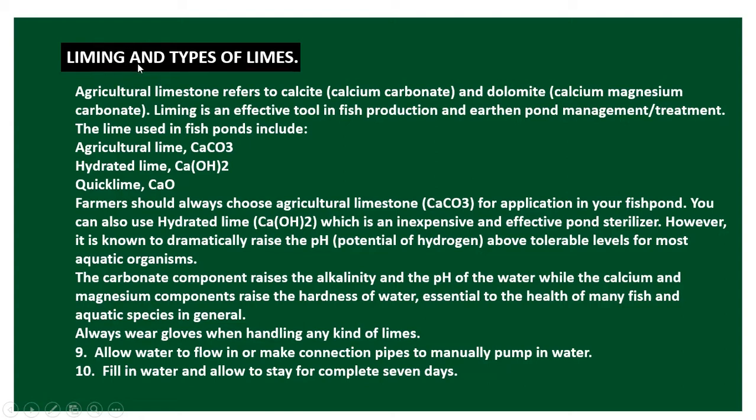So, liming and types of limes to use in liming your earthen pond. Agricultural limestone refers to calcite, which is calcium carbonate, and dolomite, which is calcium magnesium carbonate. Liming is an effective tool in fish production and earthen pond management and treatment, which I said earlier.